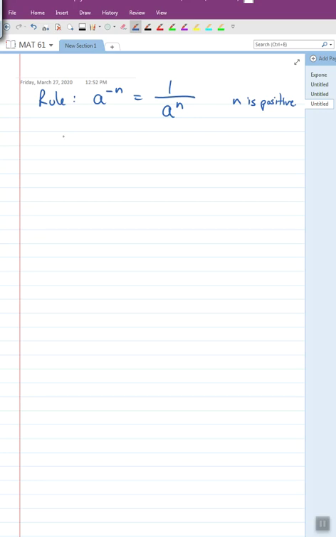So from here on out, when I see something like 5 to the negative 4, I want to immediately think of that as 1 over 5 to the positive 4. By the same token, if I had something like 1 over a to the negative n, I want to think of that as a to the n. So that means if I have 1 over, let's say, 4 to the negative 2, that should be the same as 4 to the positive 2.